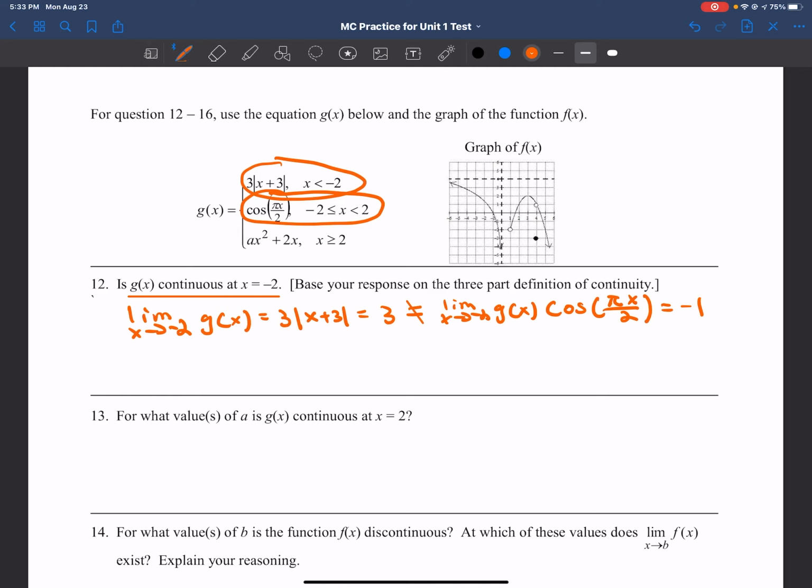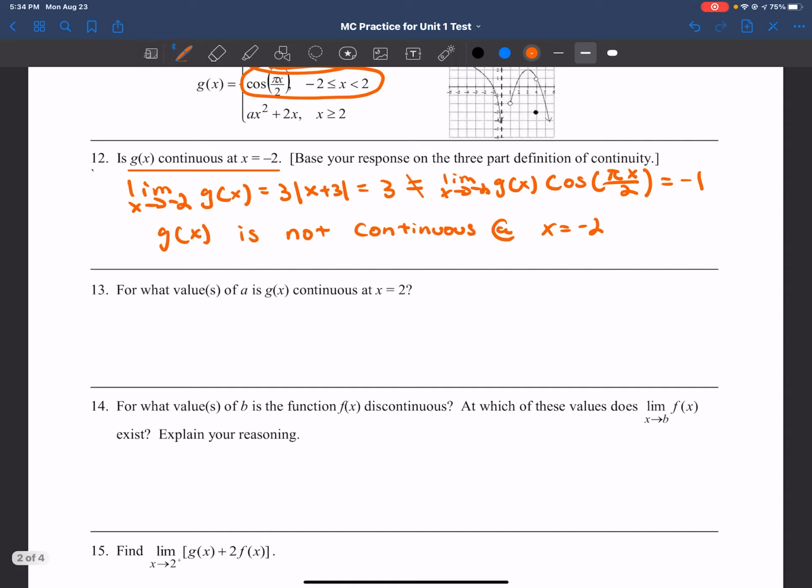It's cosine of negative pi, which is just -1. So therefore, g of x is not continuous at x equals -2.